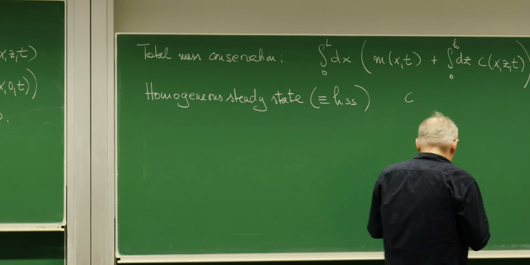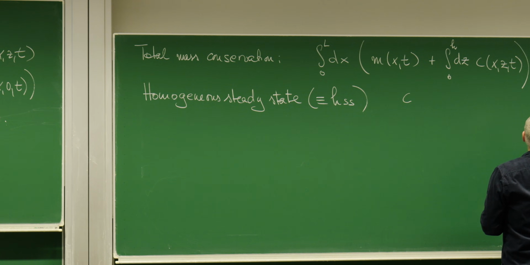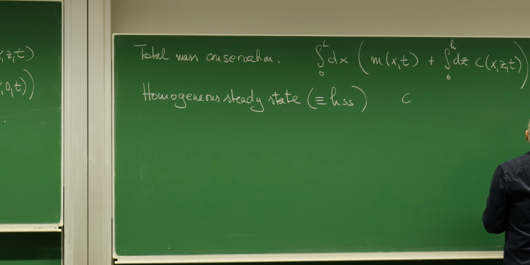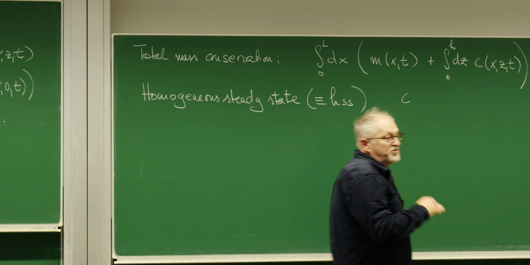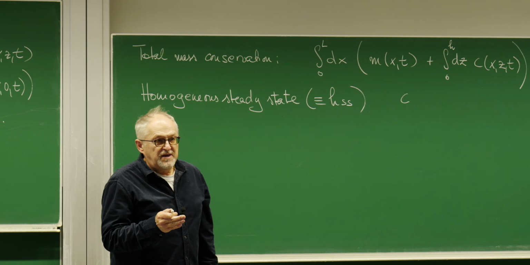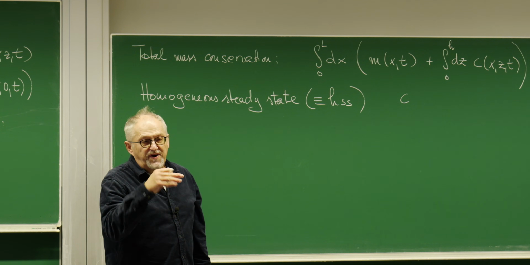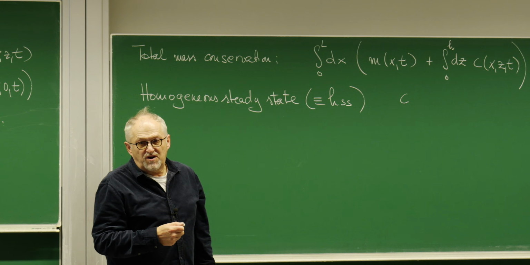We still will have that M of x and t is a constant value uniform over the whole box from left to right, but I'm no longer guaranteed to have a density profile in the z direction that's constant.